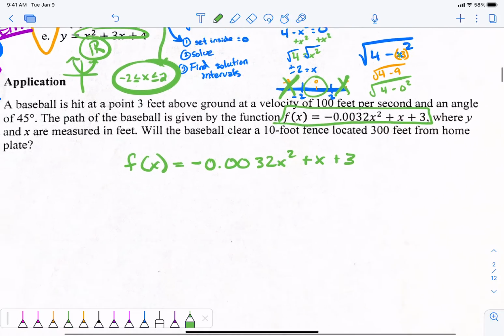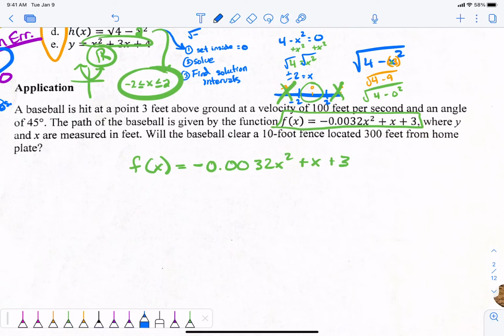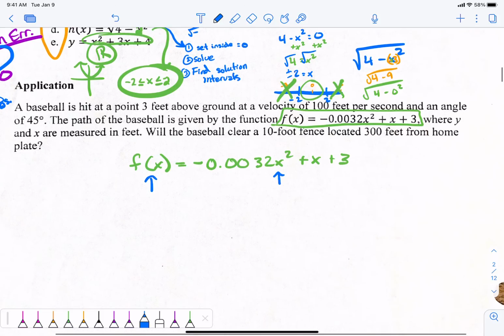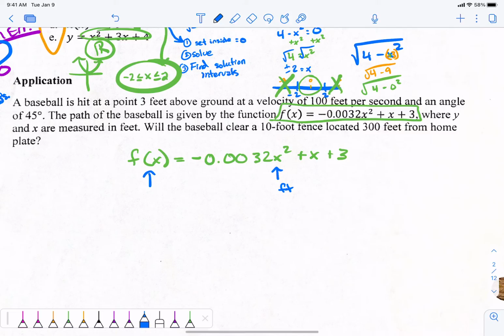What is x representing and what is y representing? X is the domain, y is the range, but what does it mean? They're both in feet, but what's the difference between the two?